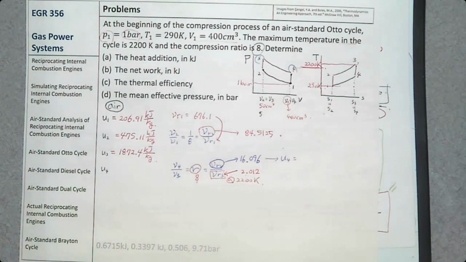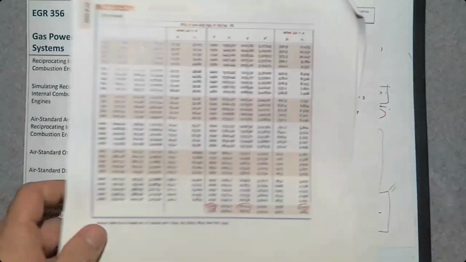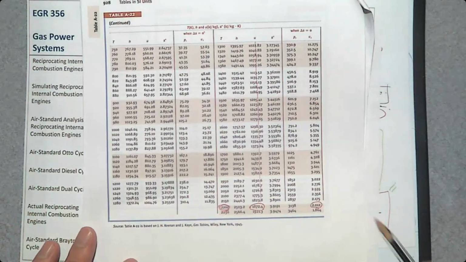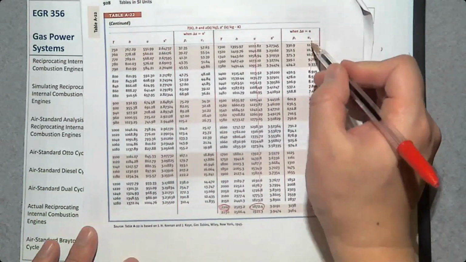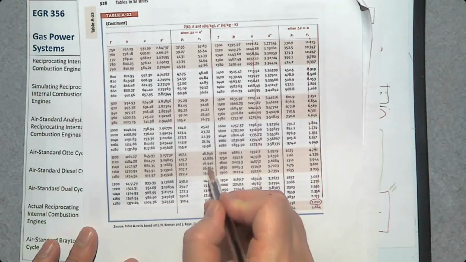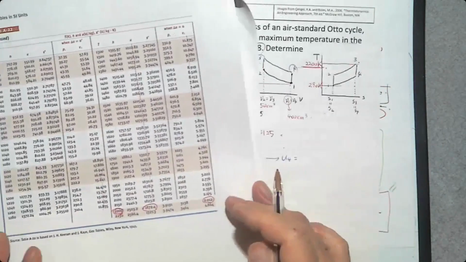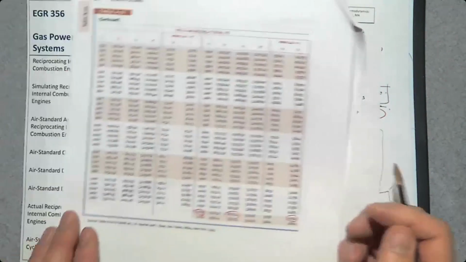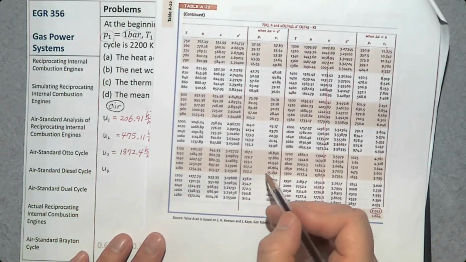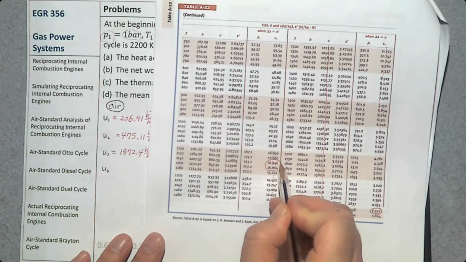Let's find 16. 16, not here, 16.096 is between these two numbers.